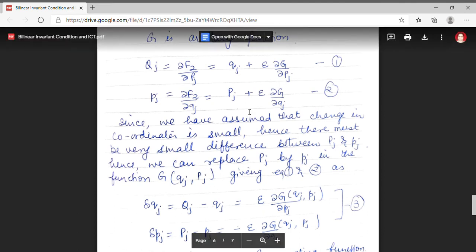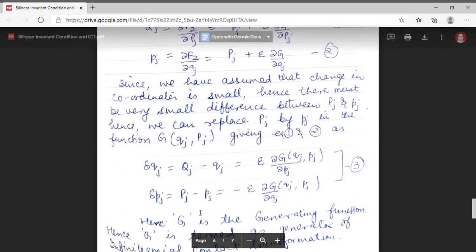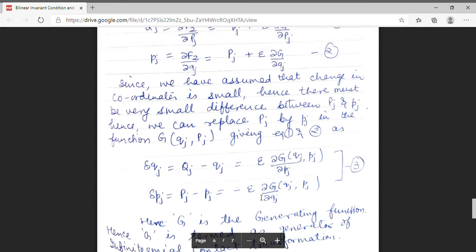So, I can get the change in coordinates as del qj equal to epsilon del G upon del small pj, since we have replaced capital by small, and similarly here I get del small pj equal to minus epsilon del G upon del qj, G being a function of small qj and small pj.